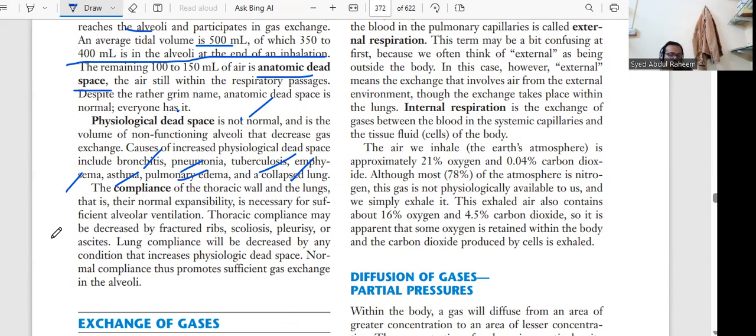In some cases, we have damage to the thoracic wall or lungs, like accidents or stabbing. In that case also, we have physiological dead space, the lungs are not able to fulfill the need, and air is not going into the alveoli.